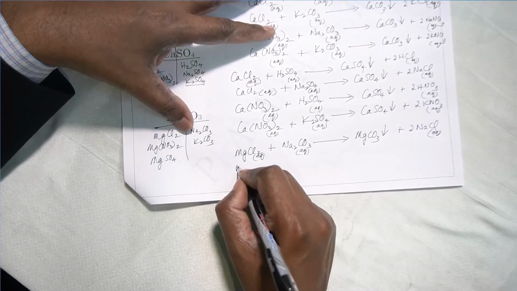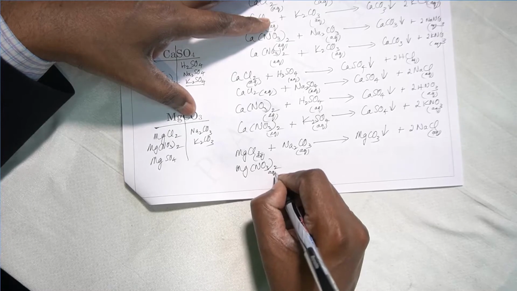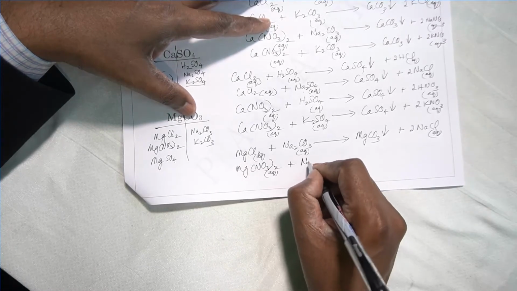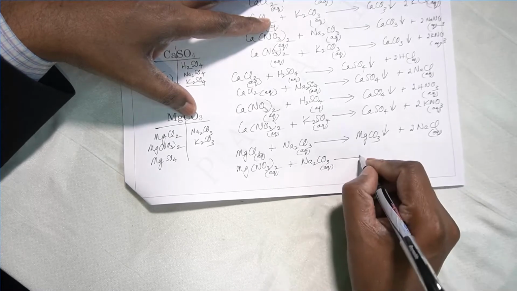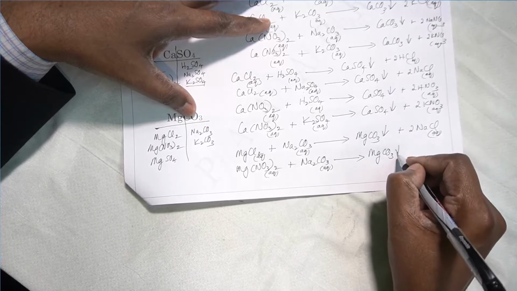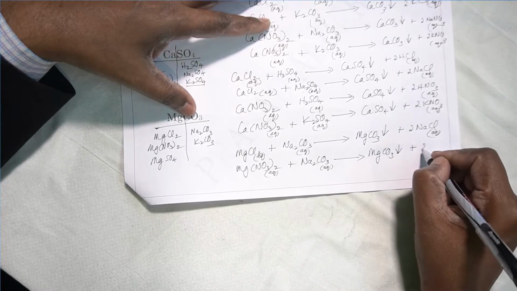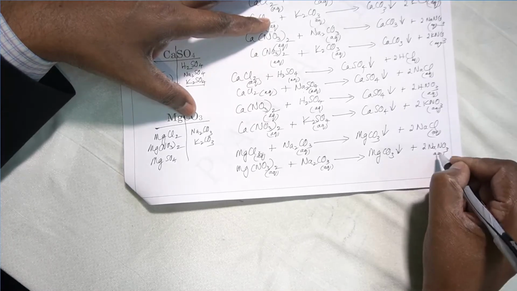Now let us take the next one, magnesium nitrate, Mg(NO3)2, which is also aqueous form, plus Na2CO3 aq. So you have MgCO3 insoluble salt plus 2 NaNO3, which is in the aqueous form, right?